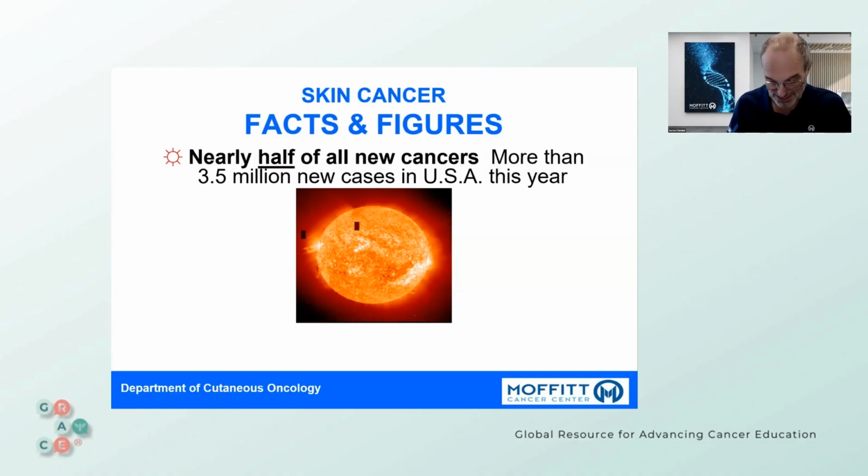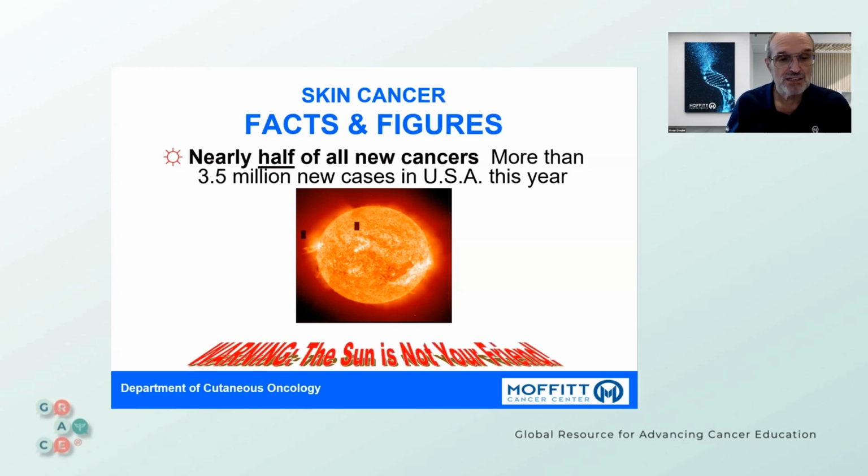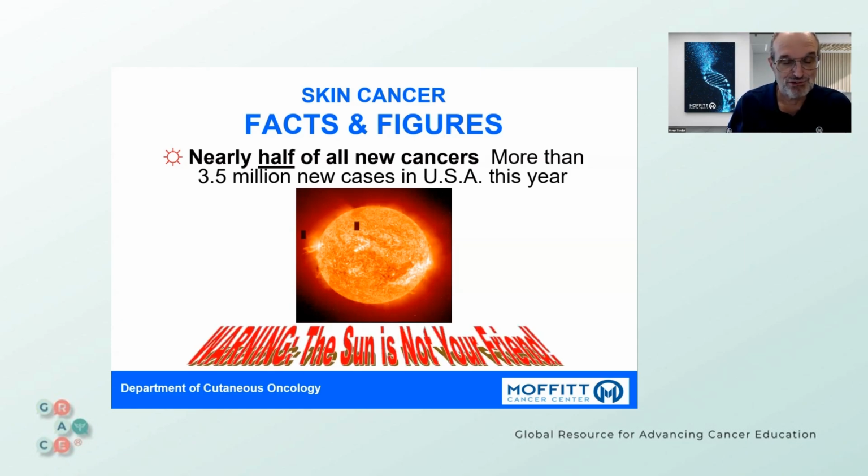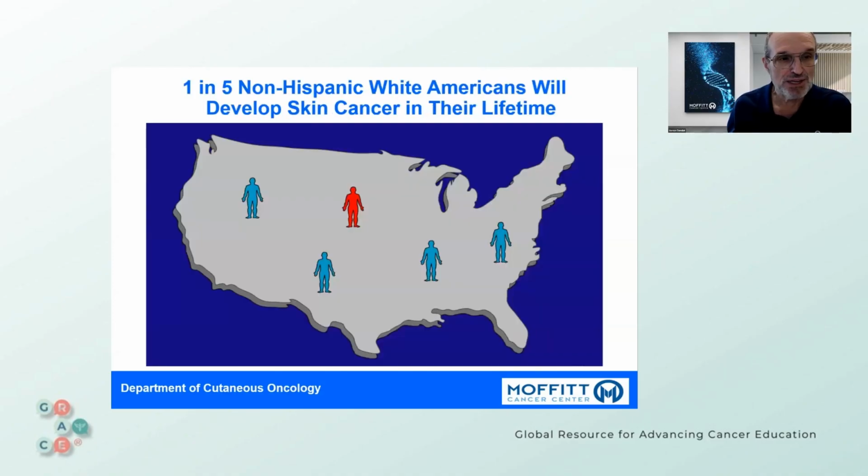But the bottom line, no matter how you look at it, the sun is not your friend. Skin cancers are really, really common, and they can affect just about anybody. How common? Nearly 1 in 5 non-Hispanic white Americans will develop skin cancer in this country during their lifetime.